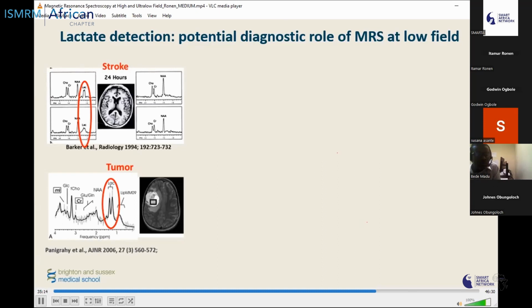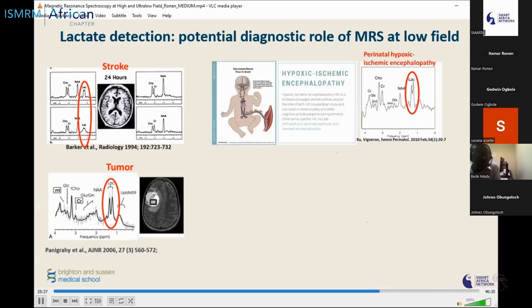You can see it here in tumor, a very strong presence of lactate, which has a very interesting fingerprint that we will mention a little bit later on, of two peaks that are separated by a very well-defined frequency, and it is a frequency of 7 Hertz that I will mention later on as of its origin.